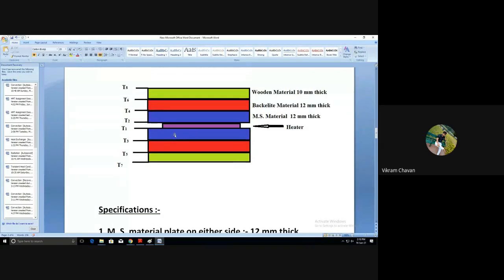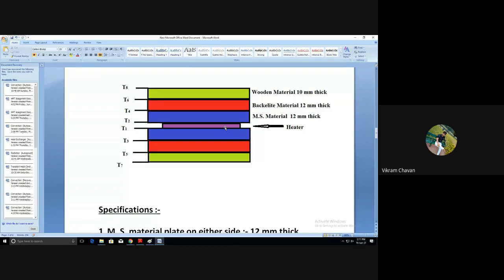In a similar fashion, one aluminum plate is also provided below the heater. Once again it will take the heat from the heater and diffuse it very fast, as its thermal conductivity and thermal diffusivity are very high.